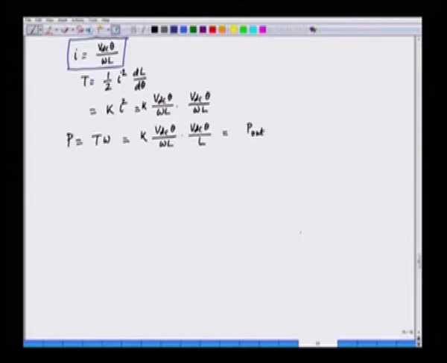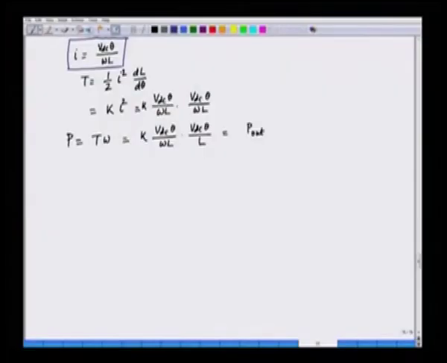So we can plot I for various speeds. Say for example, if speed is very low, we can plot I, it will rise like this.